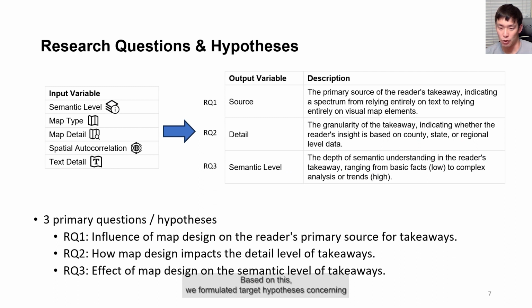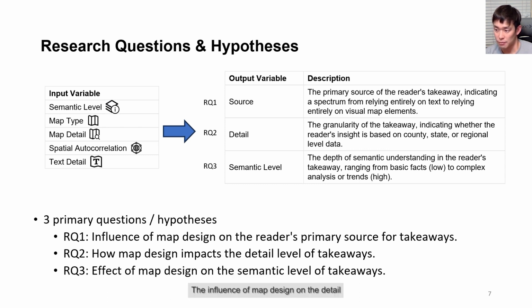Based on this, we formulated targeted hypotheses concerning the impact of map type, geographic detail, text content, and spatial autocorrelation. We evaluated three primary factors: source, detail, and semantic level. The effect of map design features on the source addresses research question 1. In what ways does map design shape the primary source of the reader's takeaways?